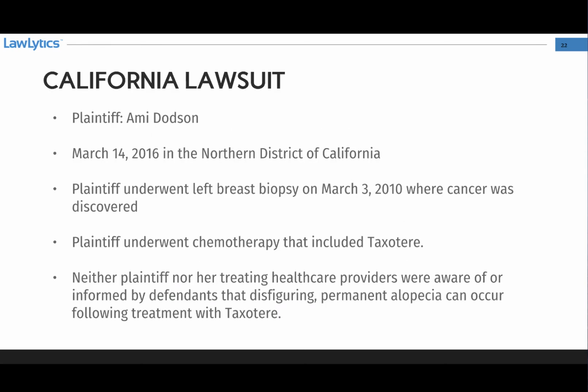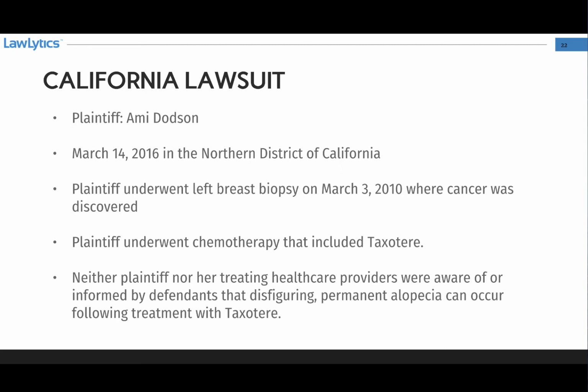An example of a case that is illustrative of many of the other cases was brought by a California woman by the name of Amy Dodson. She filed her case against the manufacturers on March 14, 2016 in the Northern District of California. Now, she underwent a left breast biopsy in March 2010, and it found cancer in her left breast.